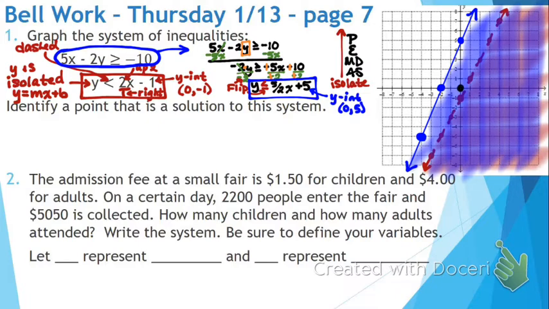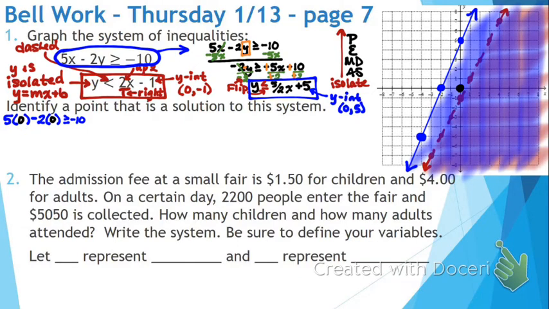Let's look at the origin. Let's look at 0, 0. If I take 0, 0, and I put it into this top inequality right here, I put 0 in for x and for y. So I have 5, and then I put in 0, minus 2, and then I put in 0, greater than or equal to negative 10.